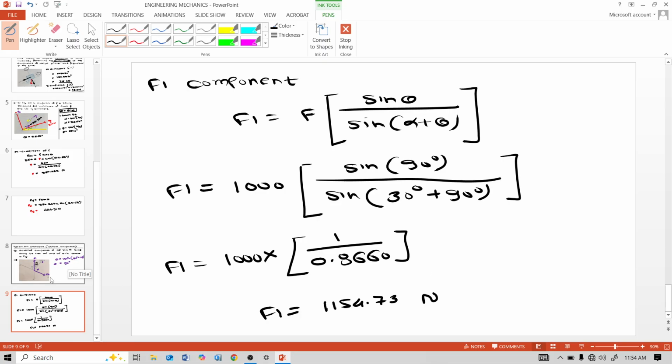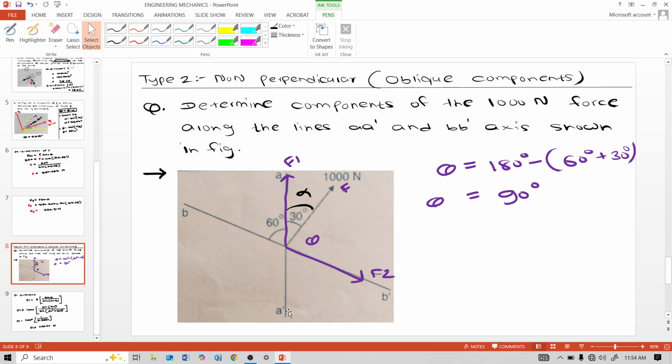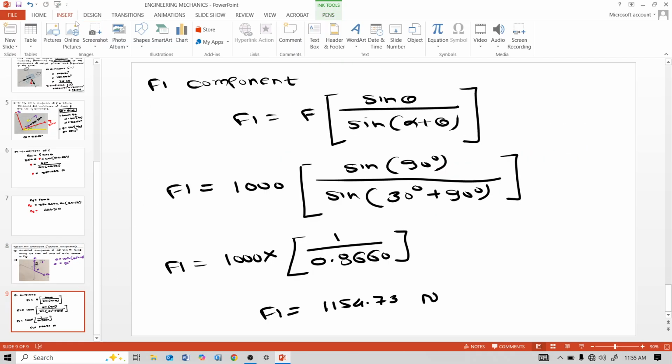This F1 component is along AA dash. Now calculate the F2 component, which is along BB dash. Just see how the formula will develop.